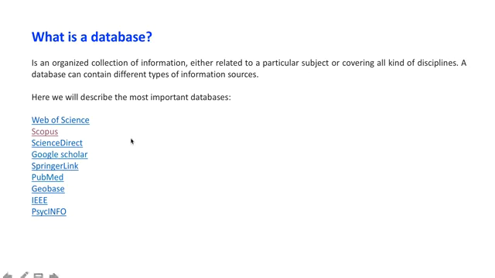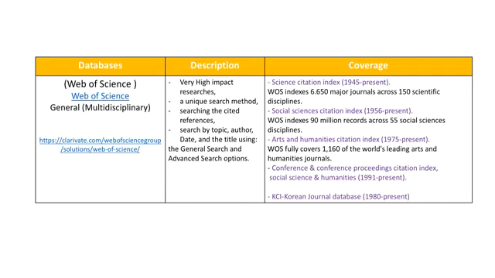So the most common databases here are Web of Science, Scopus, Science Direct, Google Scholar, Springer Link, PubMed, GeoBase, IEEE, and PsycINFO databases. So we will go through each one briefly, and I will show you how to use each database to get your references.